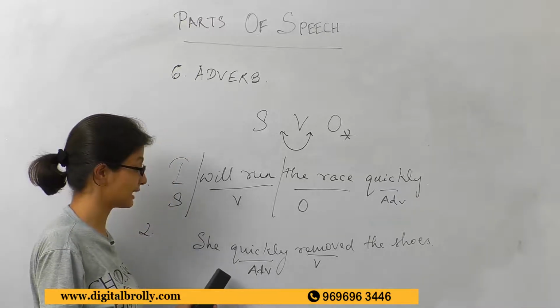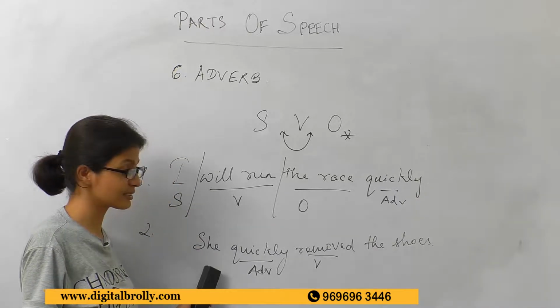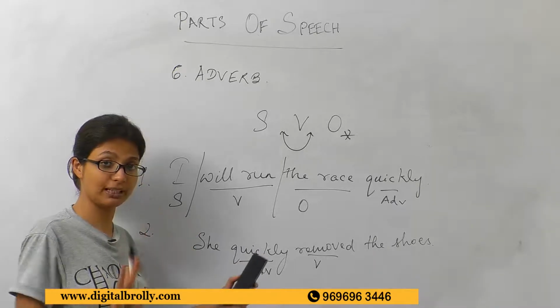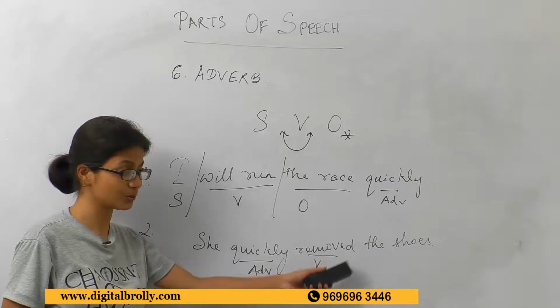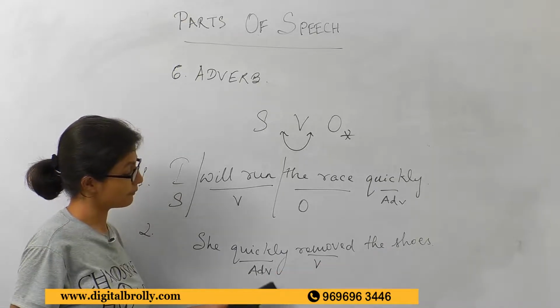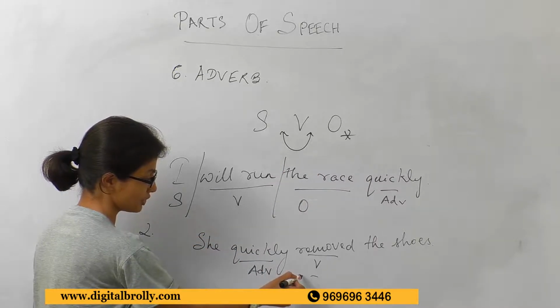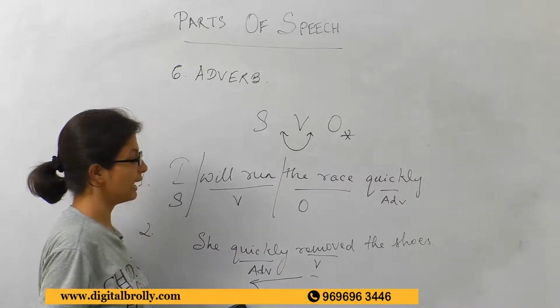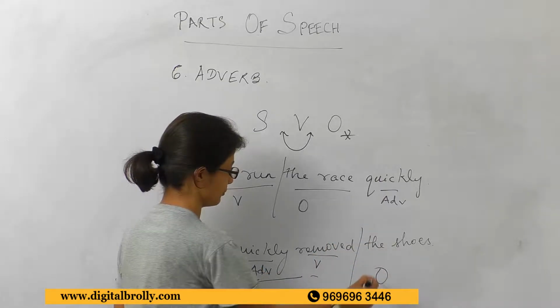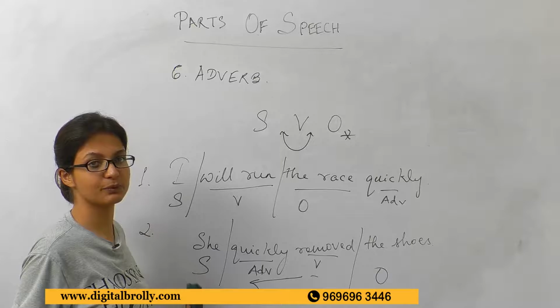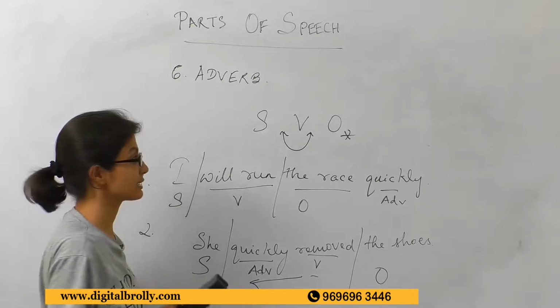However, you should understand that this is just a result of the transformation of the sentence, that is movement of elements in the sentence that has resulted in this being here. So the position of the adverb is adjacent to the verb. Here is the verb, just adjacent to it is your adverb, and then finally the object. So these are the two positions in which adverbs can appear in a sentence.